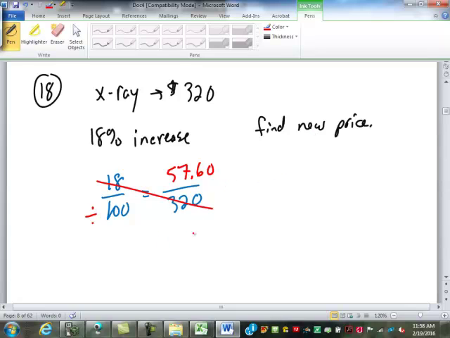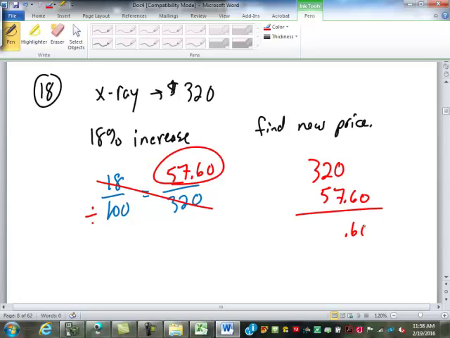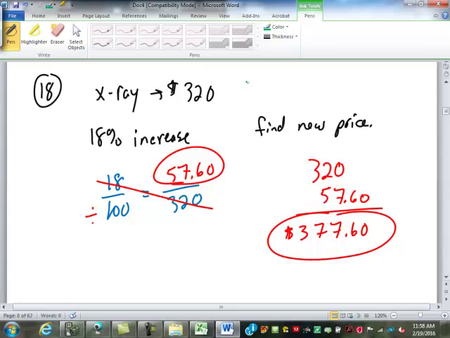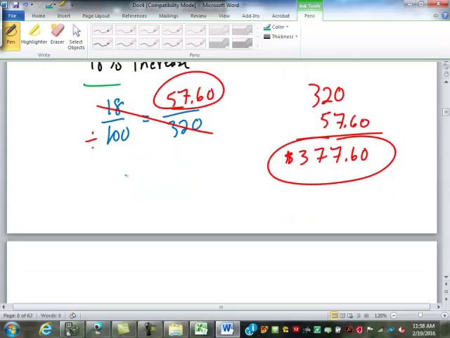Then, of course, we would have to add that to the original price. That's the increase, 18% increase. So add that to the 320, gives us $377.60.